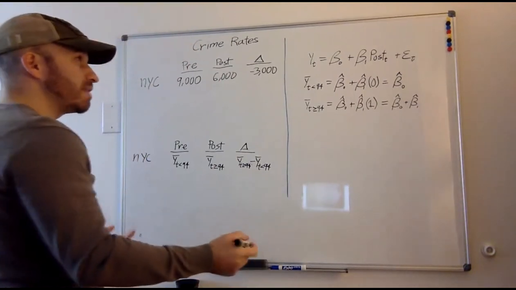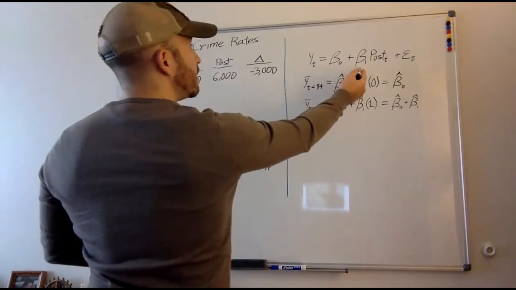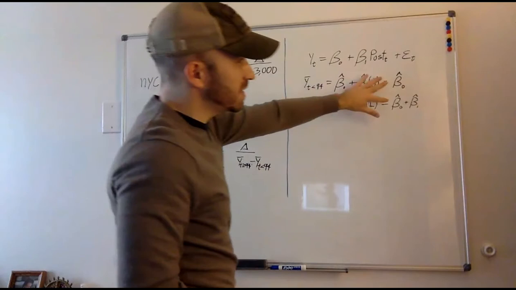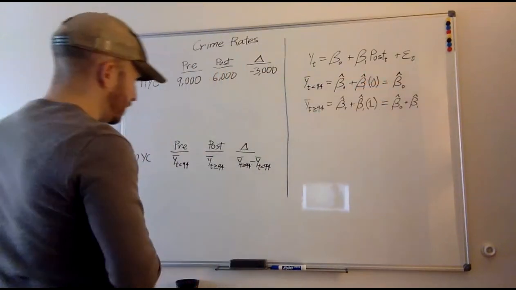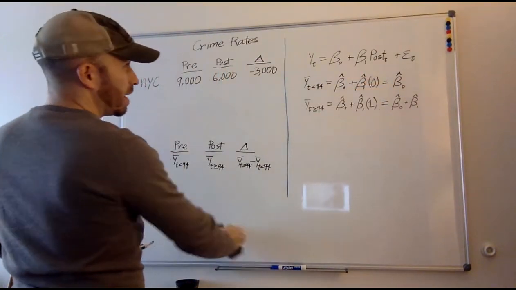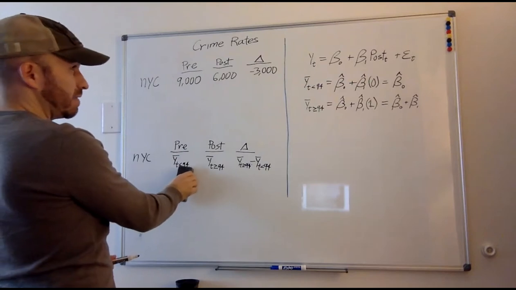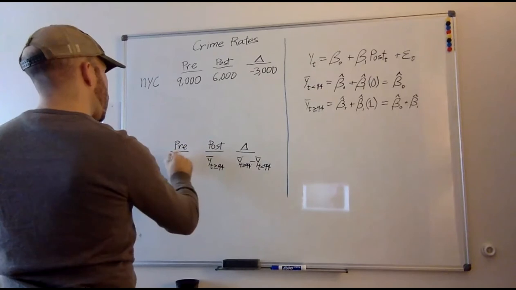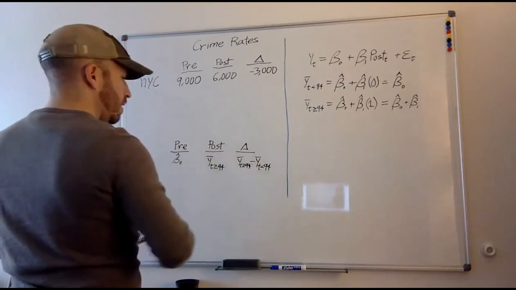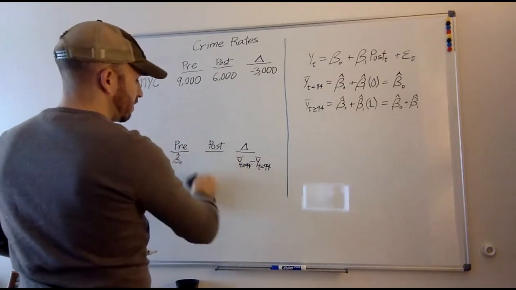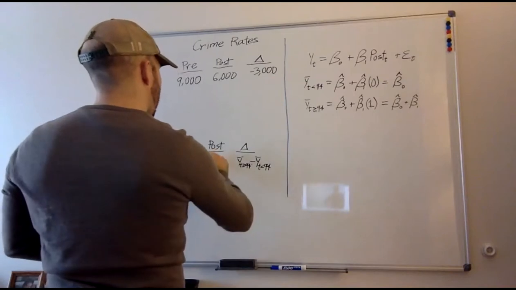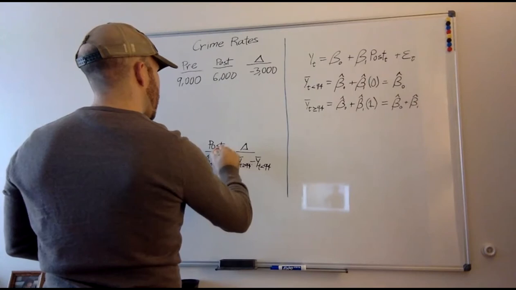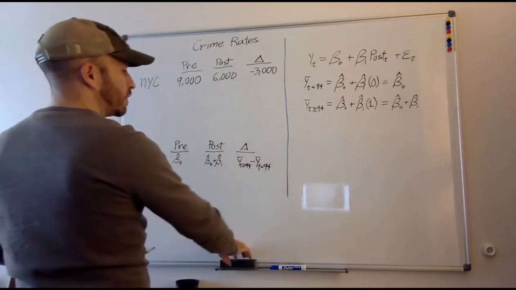So, if it wasn't immediately clear that this would be an estimate of that, we can see it now by thinking about this, where y bar t less than 94 is beta naught hat, and y bar t greater than 94 is beta naught plus beta 1, all hatted, of course.